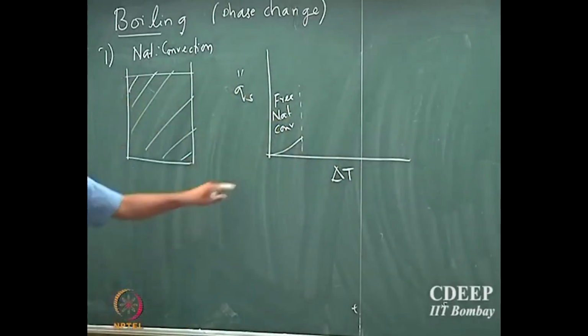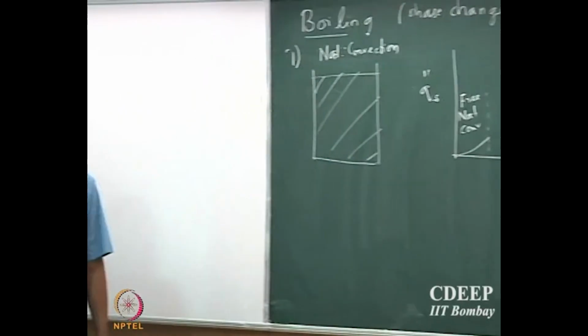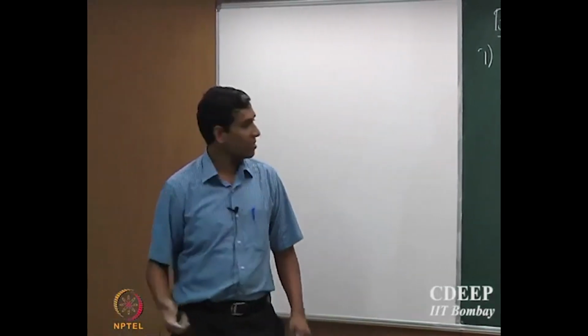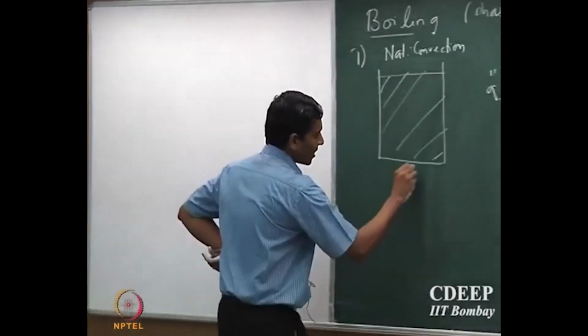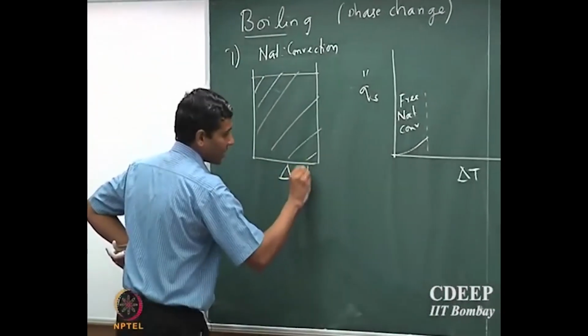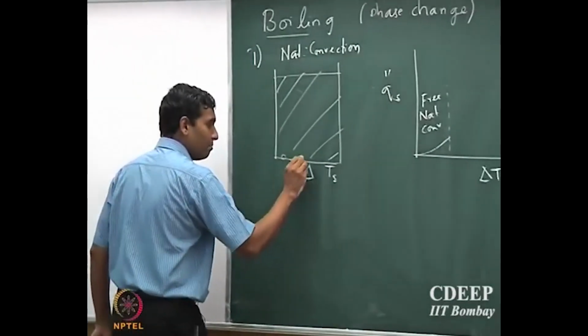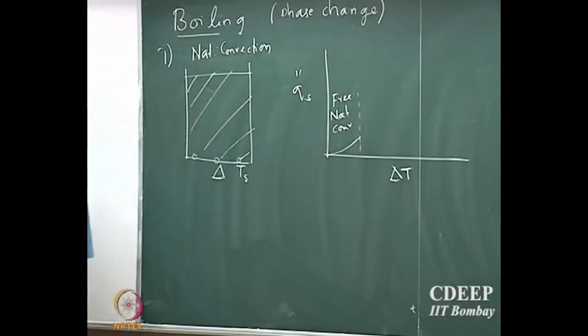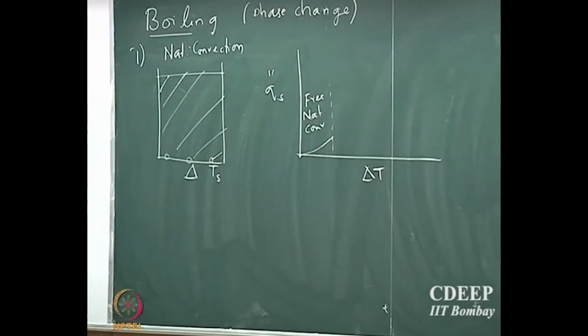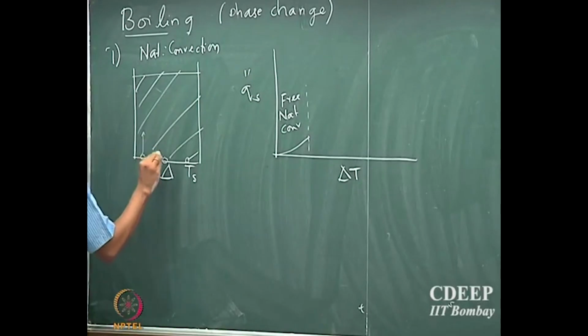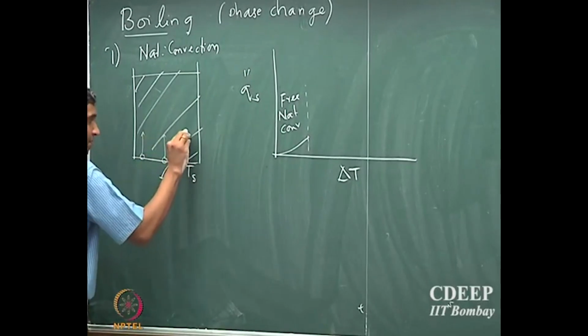there is a certain region till which point the primary mode, or the dominant mode, of heat transport is natural convection. And what happens is, supposing I supply heat here and this is the temperature of the surface, there will be occasional, sporadic bubbles formed at the bottom surface, and because of the density difference they will start moving up.